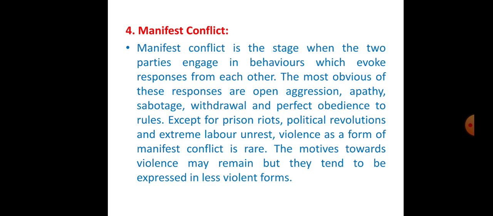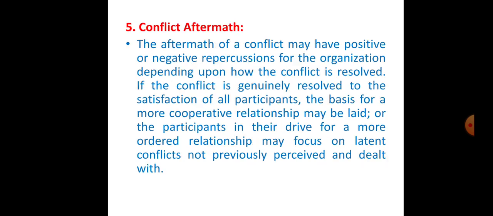So different types of manifest conflict can be seen, like coming out of the scene, or being submissive or suppressive, showing that suppressive nature or showing that aggressive character. In these different forms the manifest conflict can be exhibited. The motives towards violence may remain, but they tend to be expressed in less violent forms.